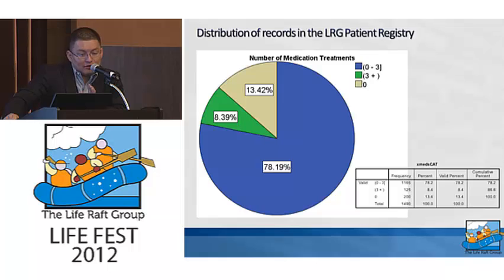Between 1, 2, or 3 different medications, we have 78% of the records in the database. At least 4 different medication treatments, we have 8.39%. And patients who have not been taking any medication at all, 13%.